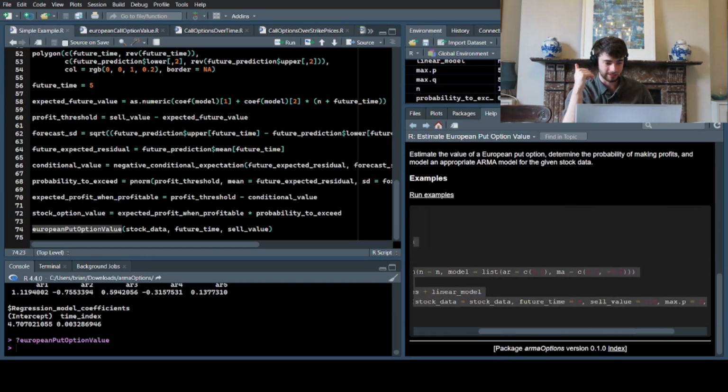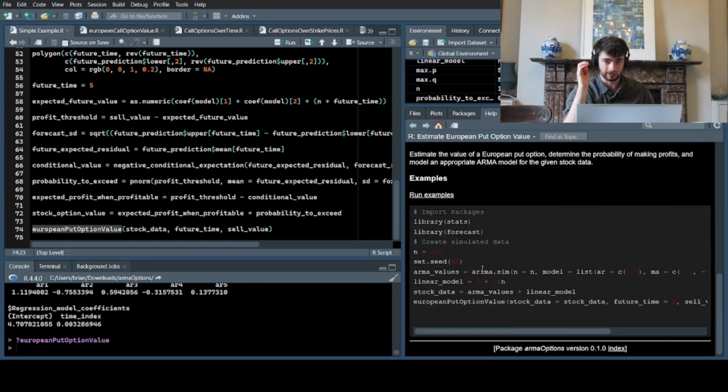So this means that someone who's not the author or intimate with the package can easily understand how it works and what it does.